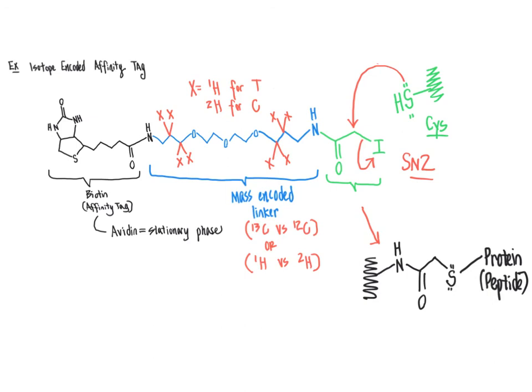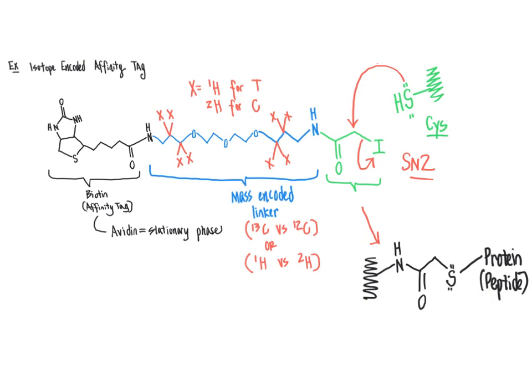The downfall of this is that it does require the use of these isotope encoded linkers and specific functional groups at the end here in green, which will react with specific targeted functional groups of your protein. So in some cases, some proteins could be overlooked if they don't have the correct functional group to react with the isotope encoded affinity tag.